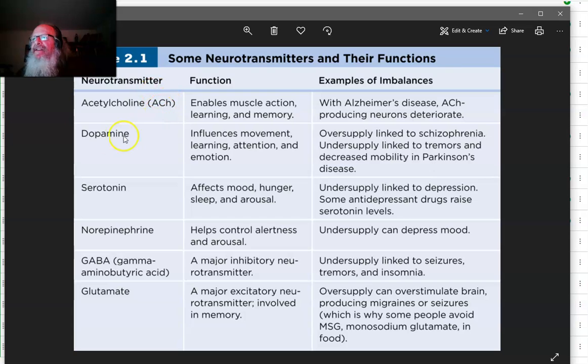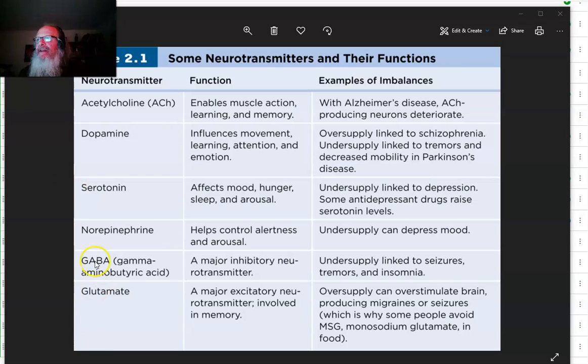On this list, we've got acetylcholine, dopamine, serotonin, norepinephrine, GABA, which is an acronym for gamma-aminobutyric acid, and glutamate. The first 4 of these are neurotransmitter chemicals that over the last 50 to 70 years we've built a pretty big knowledge base about, in terms of some of the ways they function and some of the effects they have.